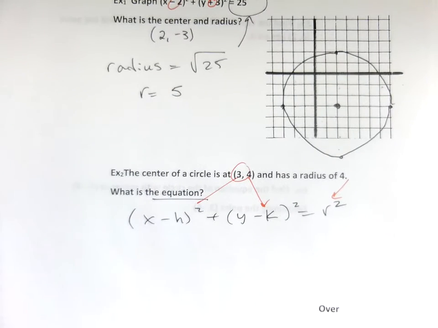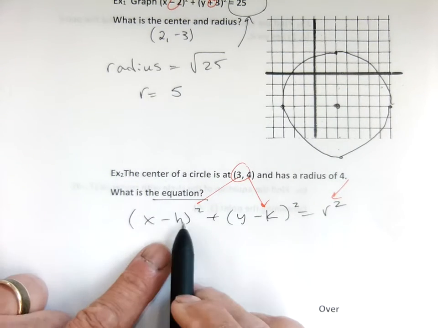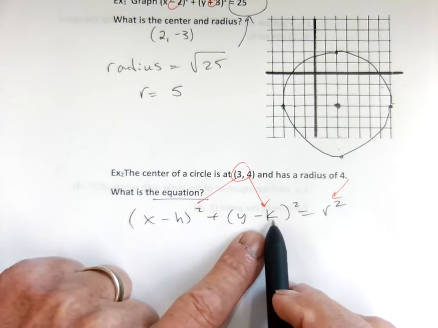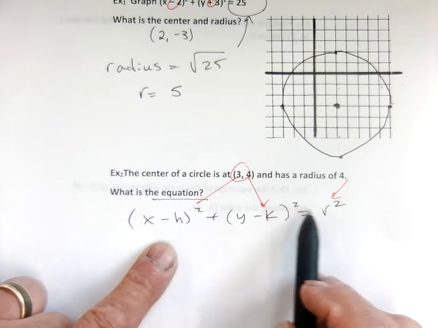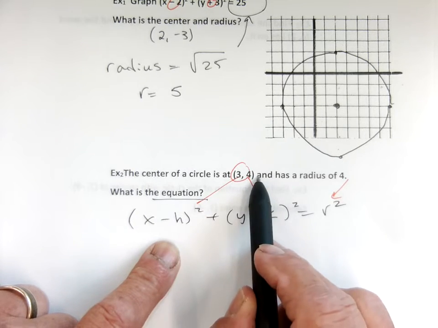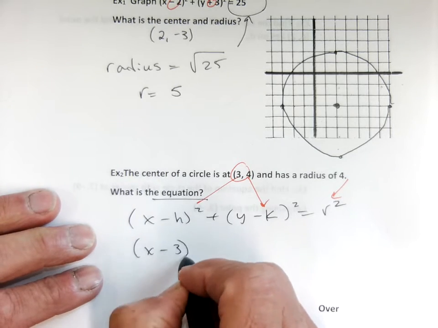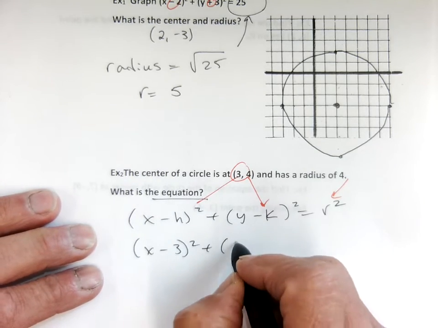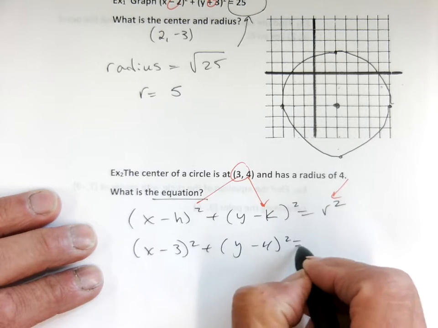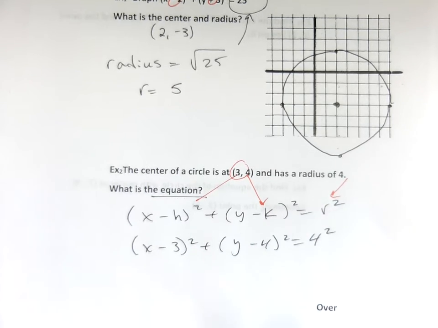So the 3 goes here, the 4 goes there, and 4 squared goes here, okay? So I'll go x minus 3 squared plus y minus 4 squared equals 4 squared, which is 16. I'll just change that to a 16, okay?